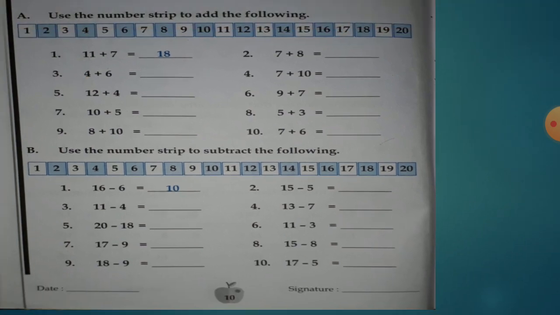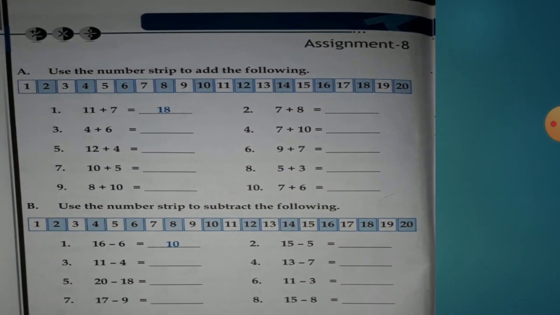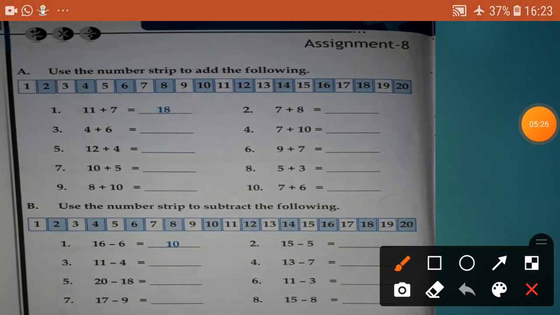Number 6: 9 plus 7. First you choose 9. Yes, number 9 plus 7. So you go 7 steps, 1, 2, 3, 4, 5, 6, 7.